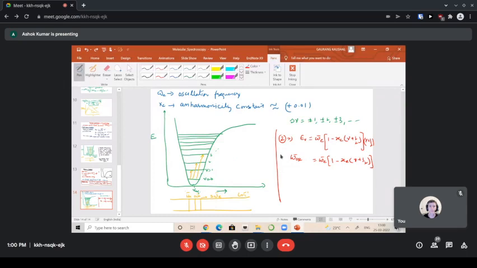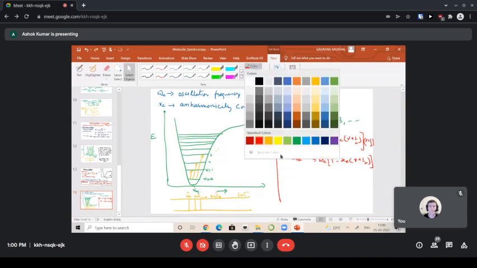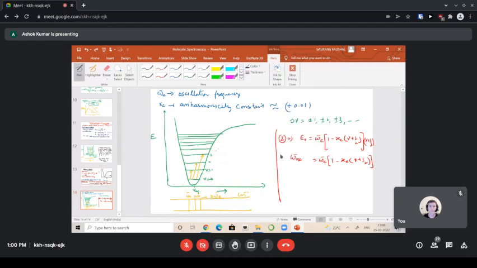So delta E, for delta V plus minus 1, for example delta V equal to plus 1, will be equal to E at V equal to 1 minus E at V equal to 0.